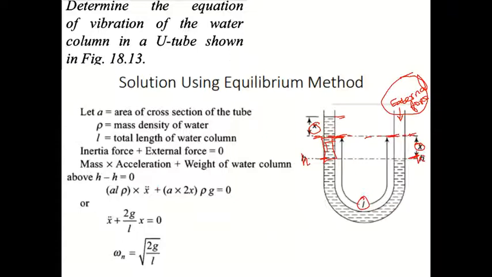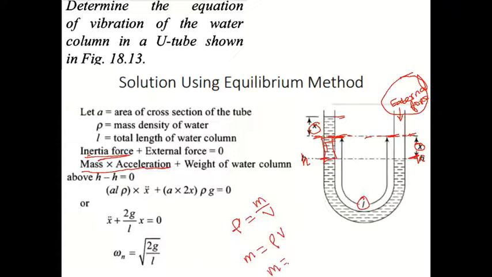So what is the inertia force? We know that force equals mass into acceleration. I don't know the mass value, but I know that density equals mass by volume, so mass equals density into volume.